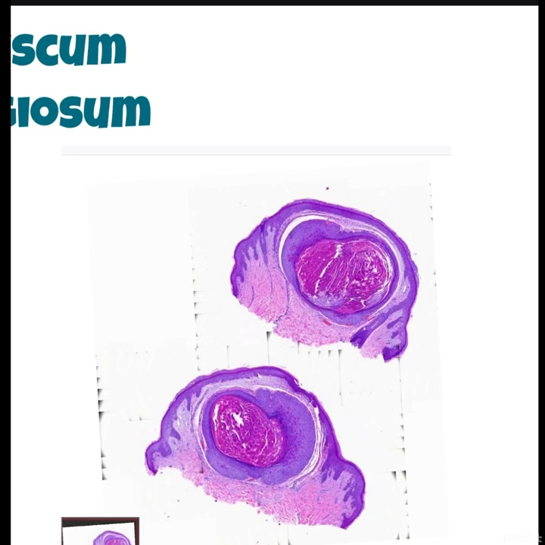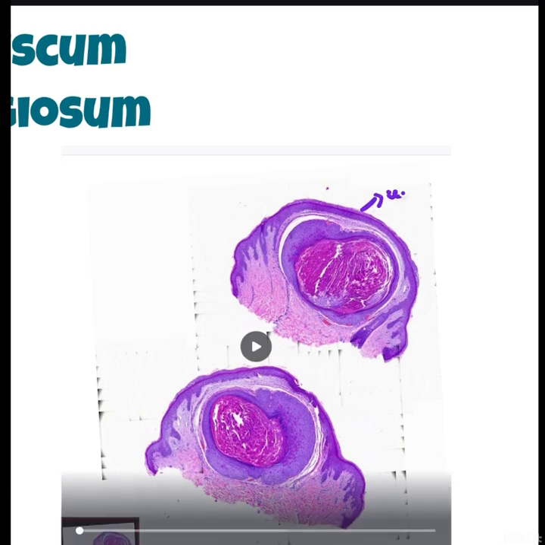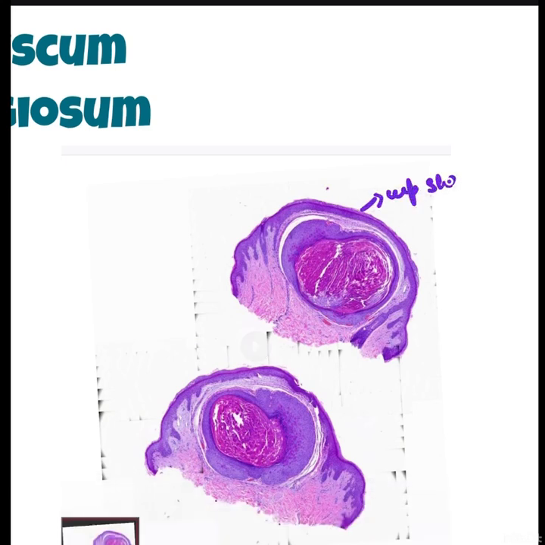So as you can see here, this is a cup-shaped lesion. And this has inverted lobules of hyperplastic squamous epithelium.